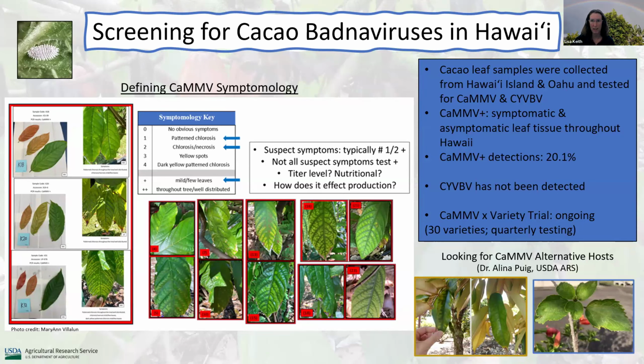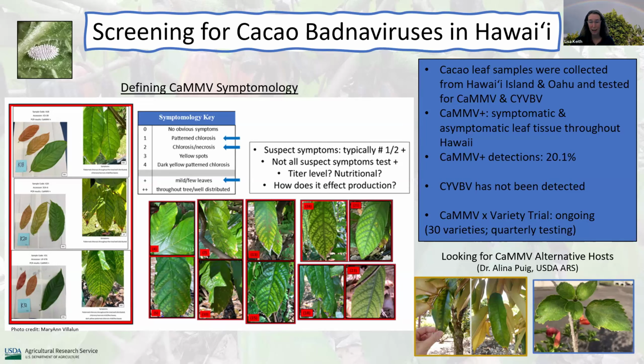So we did an extensive screen testing not only the germplasm repository, which serves as a backup for all of the cacao germplasm that's housed in Puerto Rico, but also at commercial farms in East Hawaii, West Hawaii, even on Oahu, trying to define symptomology of some of this chlorotic suspect viral samples and see how widespread it was.